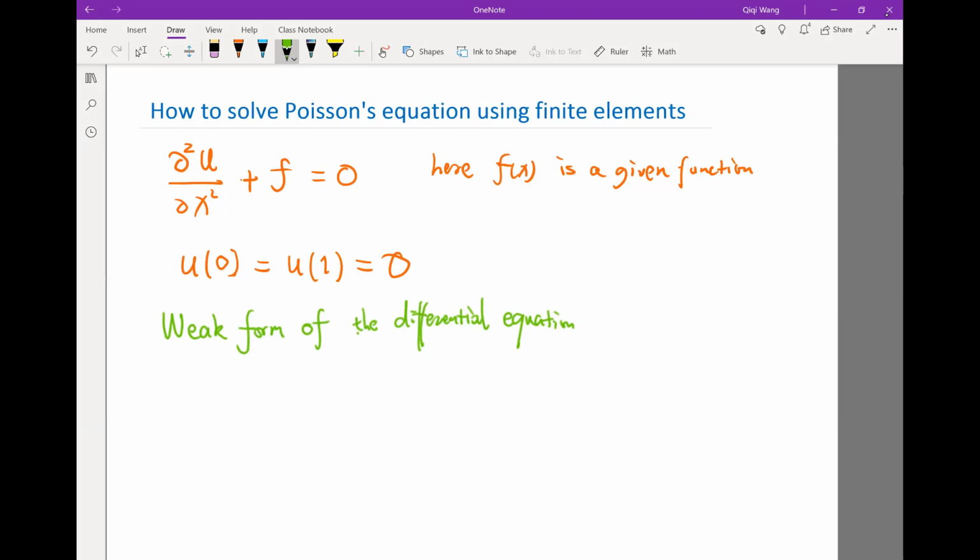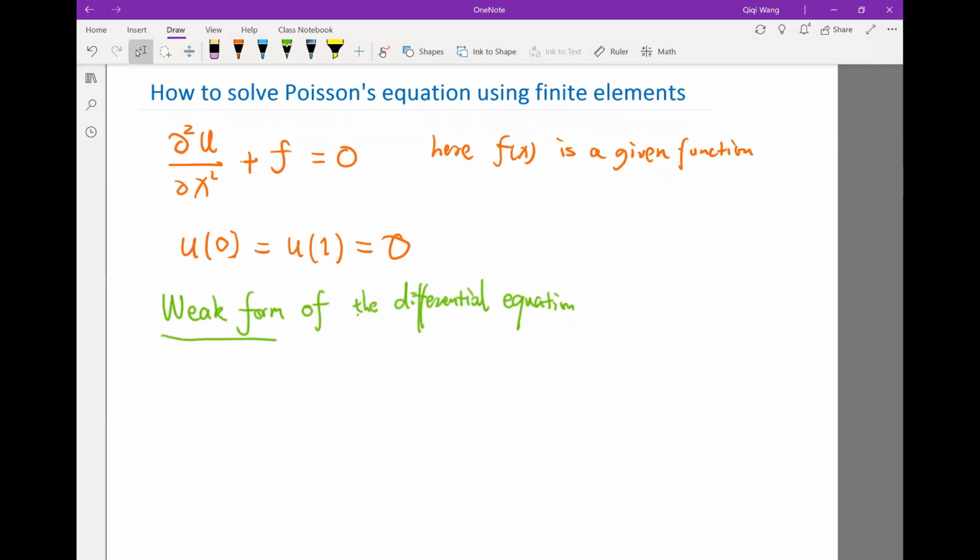In finite elements, we solve the weak form of the equation. The weak form can either be derived from an optimization problem, as we have seen in the last lecture, or it can be derived from the strong form, or the differential form, of the equation, by doing something very similar to what we do in finite volume, but a little bit more complicated.